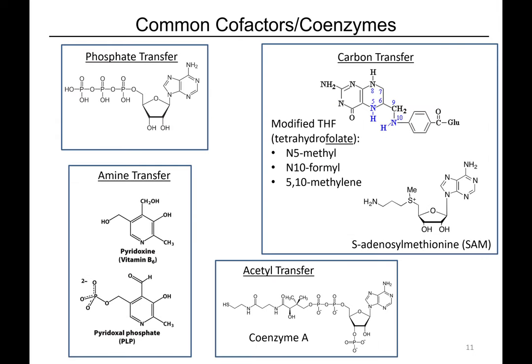All right, so here are some common cofactors. Okay, we mentioned phosphate transfer. That was the class 2.7. All of them use ATP, and the chemistry for phosphate transfer off ATP should not be surprising to you. It is standard, straightforward carbonyl chemistry. Find your nucleophile.